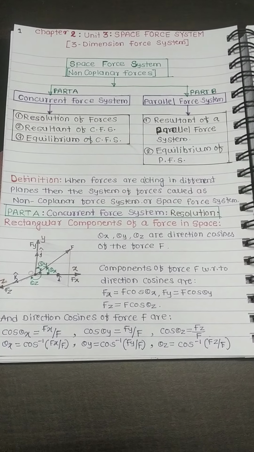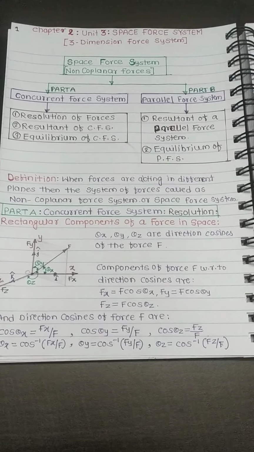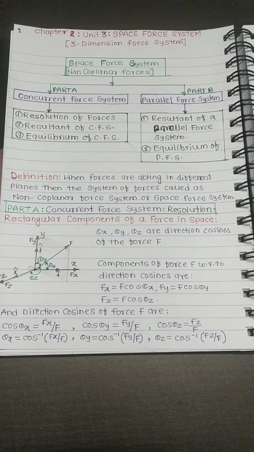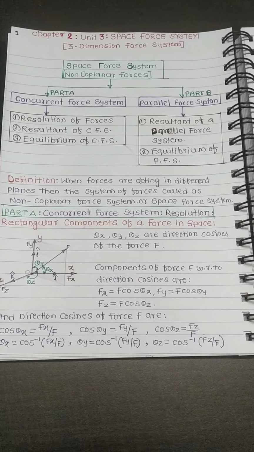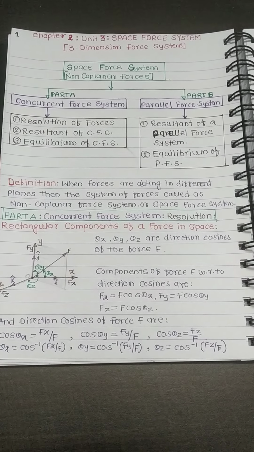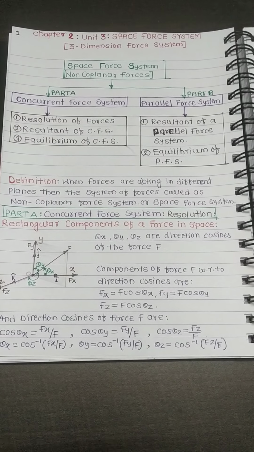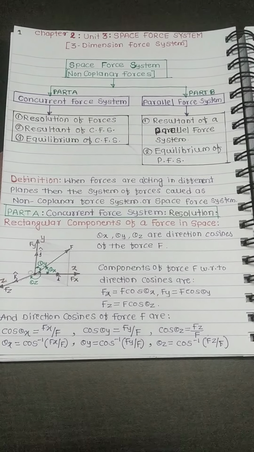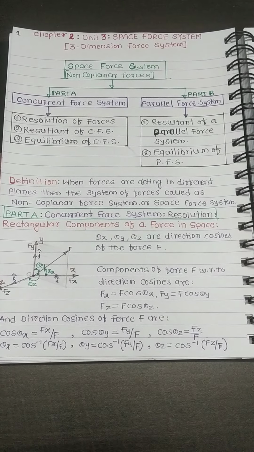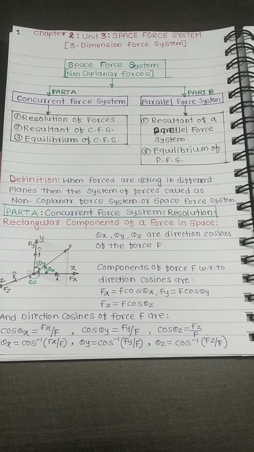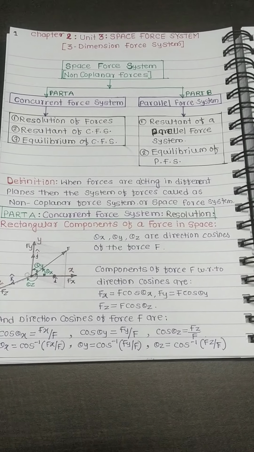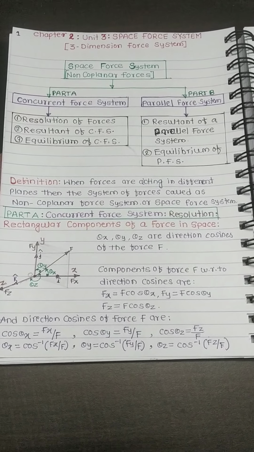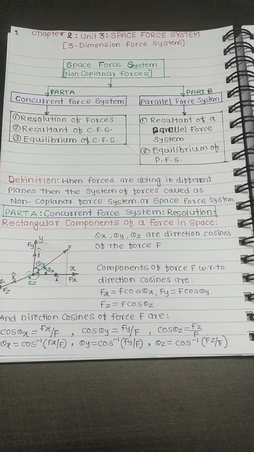The syllabus of this unit number 3 is defined in two parts, Part A and Part B. Part A is defined with concurrent force system and Part B is defined with parallel force system. The contents of concurrent force system are resolution of forces, resultant of a concurrent force system and equilibrium of concurrent force system.